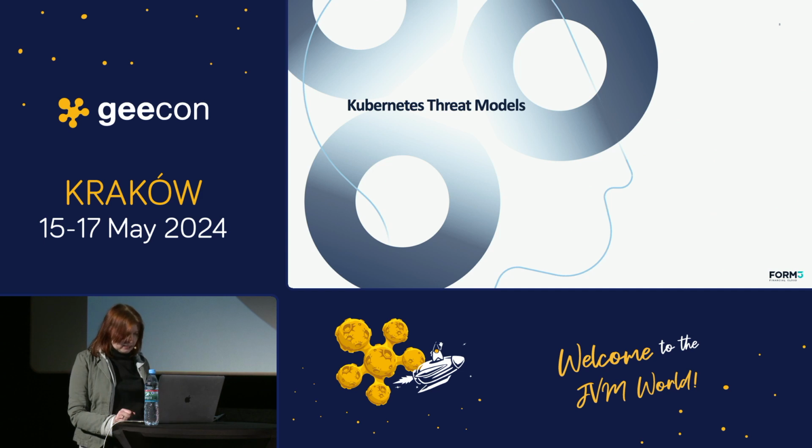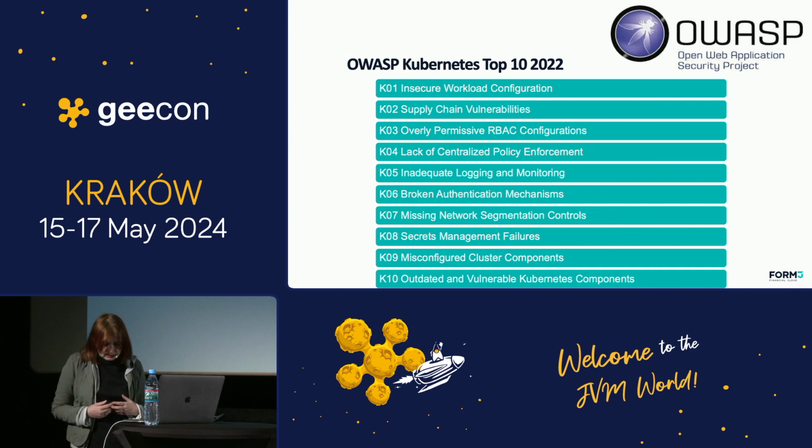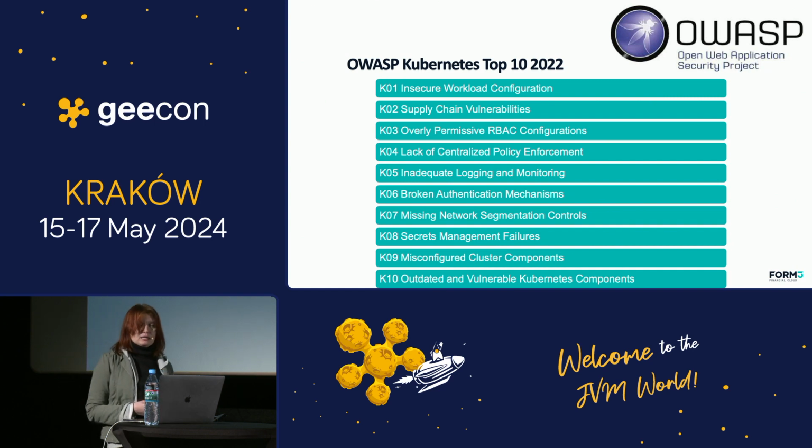So that's a high-level overview and some hints how we are going to execute successful attacks against our Kubernetes cluster. What are the risks when it comes to Kubernetes? We have different lists or models for Kubernetes risks. I guess that all of you are aware what OWASP is. That's the Open Web Application Security Project, a non-profit organization that aims at increasing awareness about security among developers.